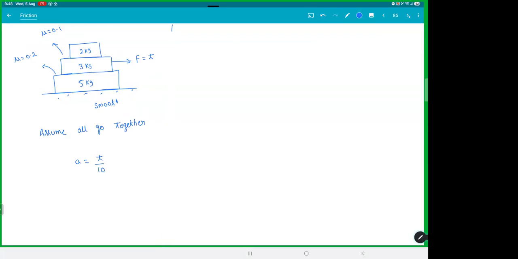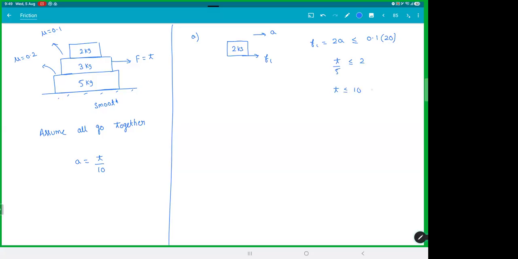Take the 2 kg block. This is F1, this is acceleration. This thing is the same: 2a is less than or equal to 0.1 into 20. So t by 5 is less than or equal to 2, so t is less than or equal to 10 seconds. So again, F1 is saying the same thing. F1 is saying, boss, up to 10 seconds, I can keep this together.